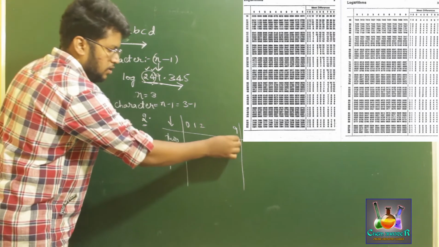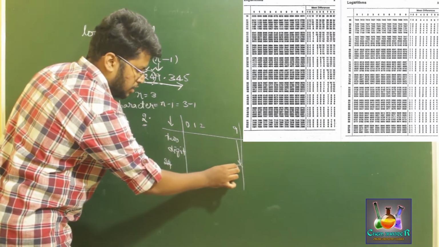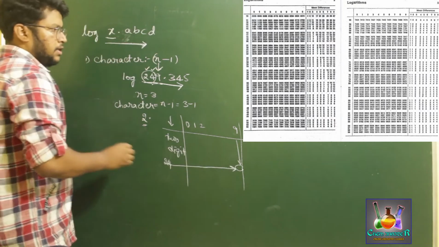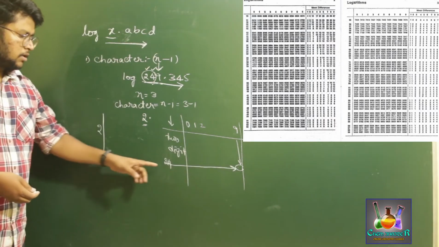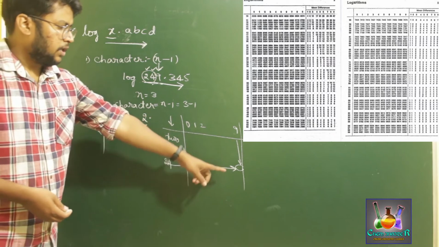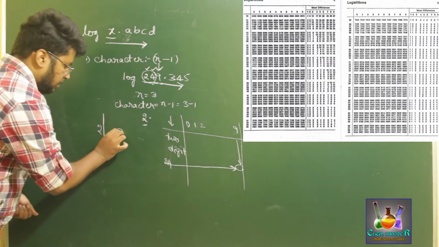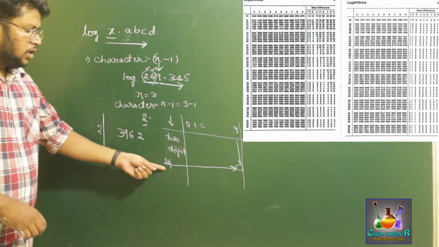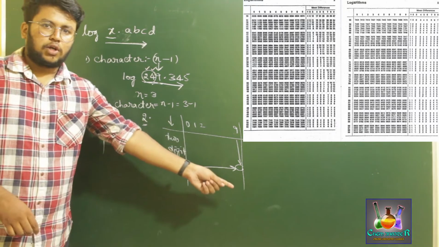The number at that position will be our mantissa. Observing 24 under the value of 9, we got 3962. This is the value we found for 24 under the column of 9.